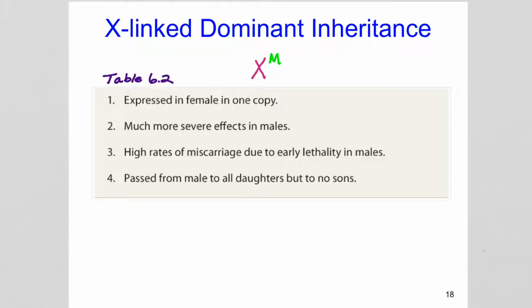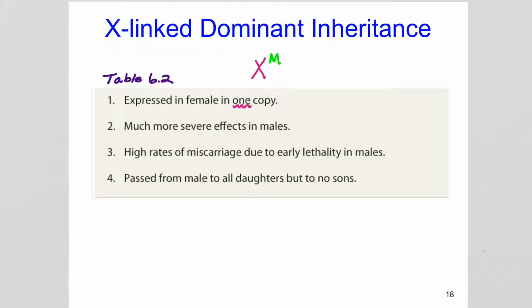So here we see a summary of what we're actually looking for in terms of some clues that we're dealing with X-linked dominant traits. These conditions are expressed in the female when just 1 copy is present. So we're dealing with a mutation that's carried on or associated with a dominant allele.